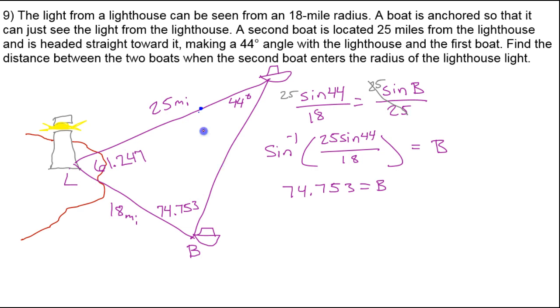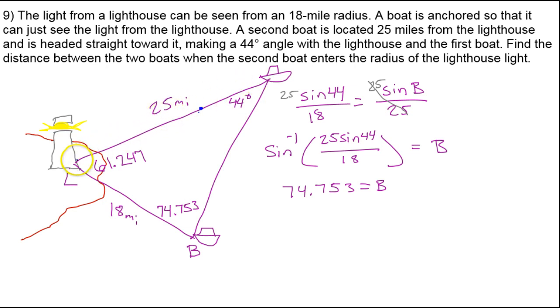Okay, now we better stop and analyze the rest of the story. Because in the end we want to find the distance between the two boats when the second boat enters the radius of the lighthouse. So right now, at this snapshot where I drew this triangle, the second boat is 25 miles away from the lighthouse.